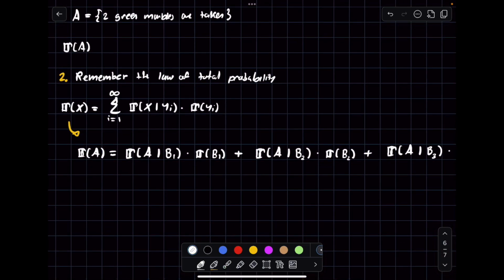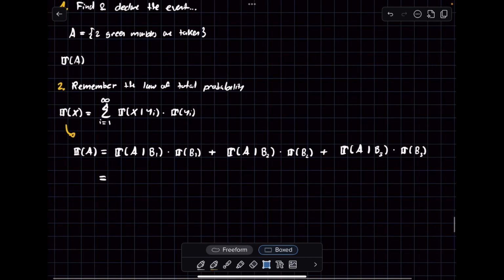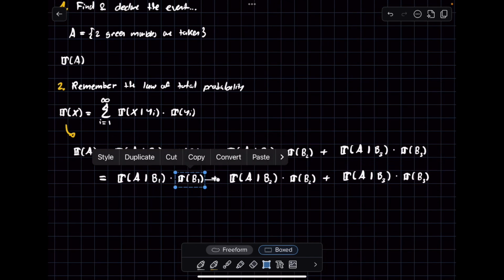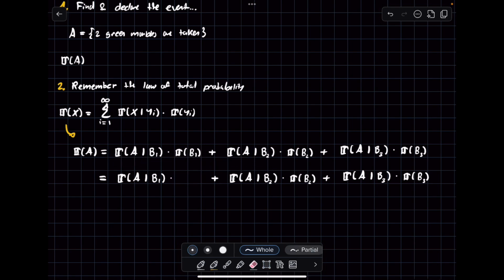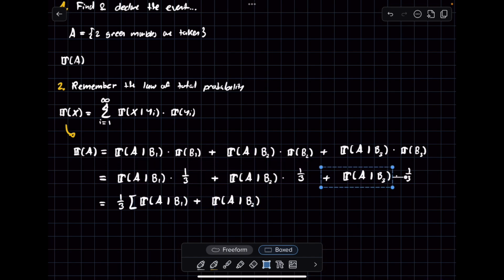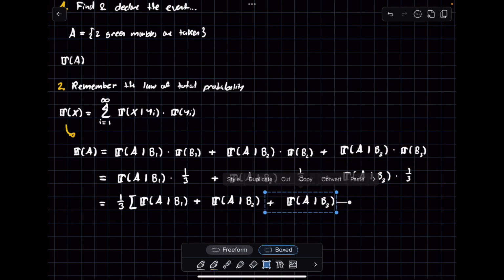So this is going to be 1/3, 1/3, and 1/3, meaning we can factorize this, and we get the following.